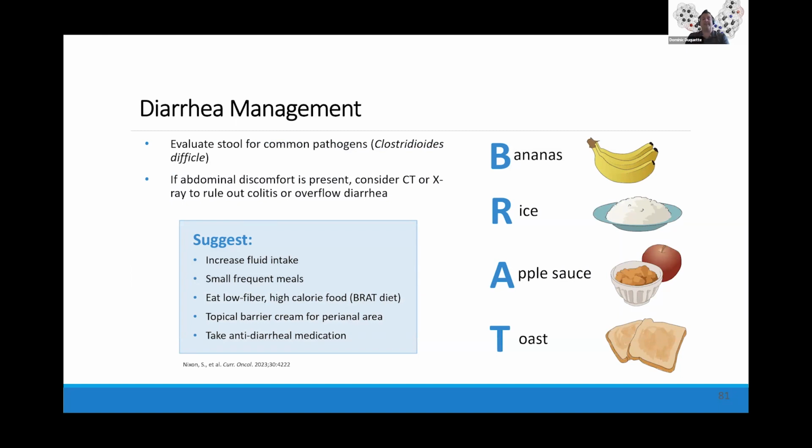Now, if it's severe, you should also evaluate if it might be a C. difficile. Patients can develop that. But again, we're going to try to keep the patient on treatment and suggest a bland diet, small frequent meals, and increased fluid intake to be sure not to dehydrate.